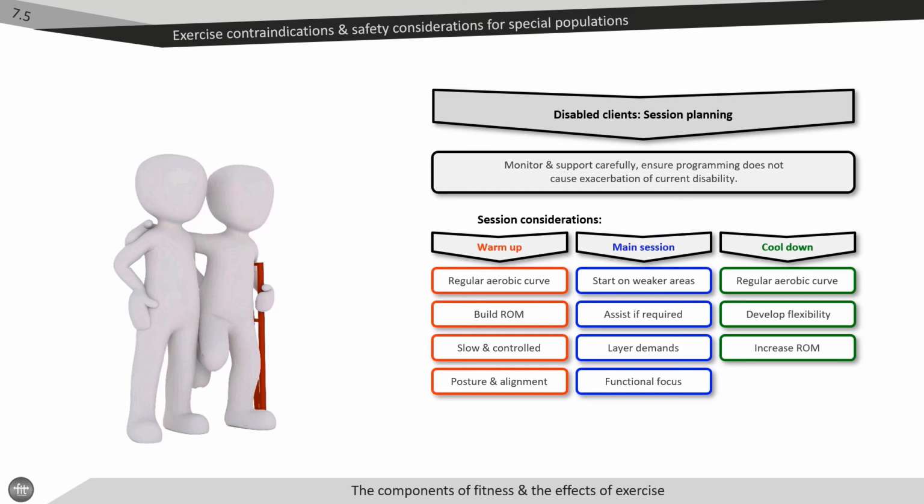Any restricted range of motion should slowly aim to increase over a number of repetitions post-stretching, with all movement being slow and controlled, ensuring that the client is feeling good and invigorated when completing their session.